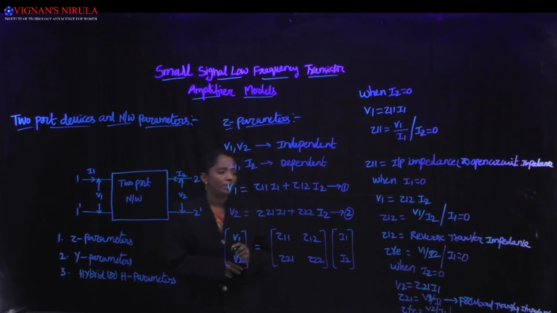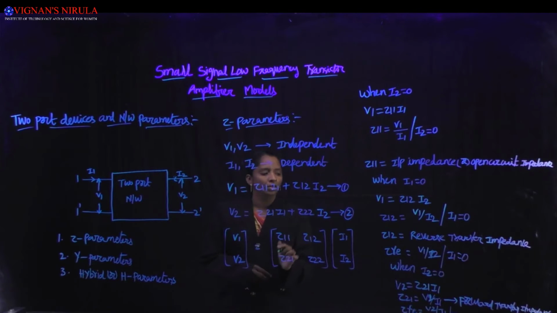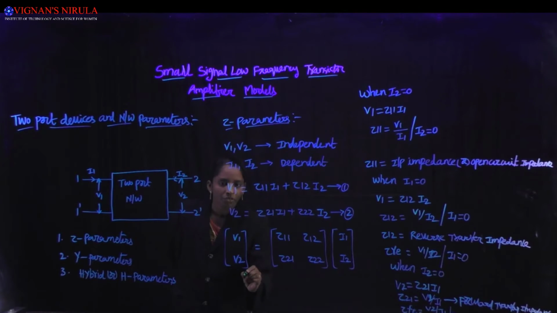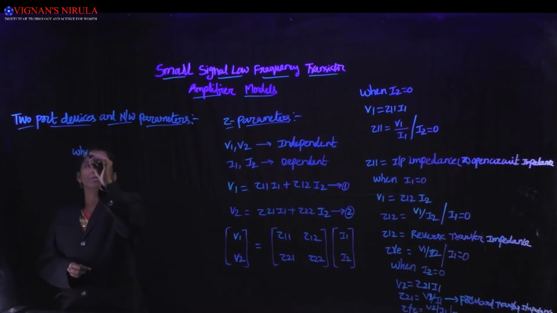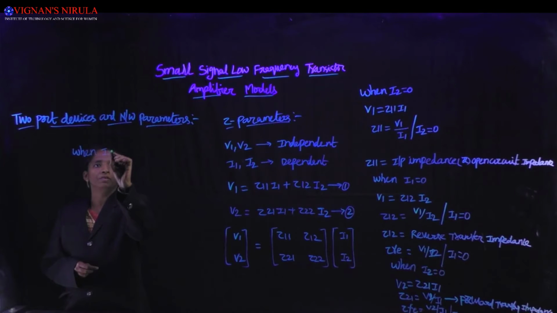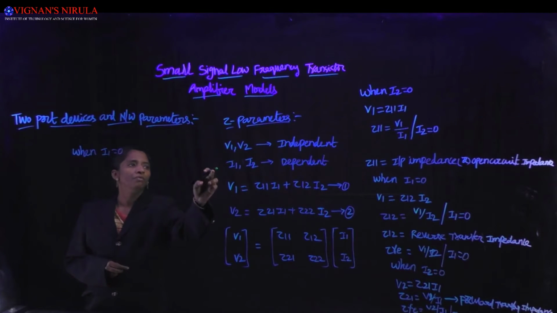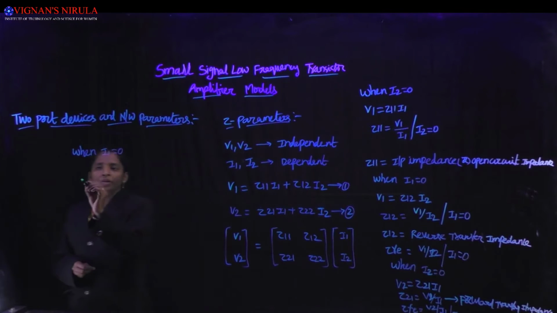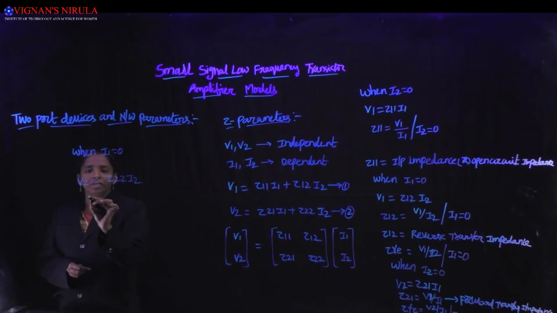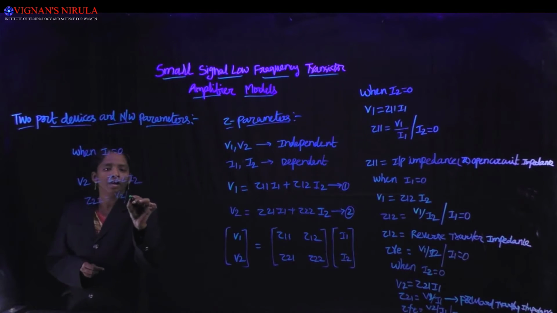Now to calculate Z22 when I1 equal to 0, from equation 2 we have V2 equal to Z22 I2. From that equation we are getting Z22 equal to V2 by I2.